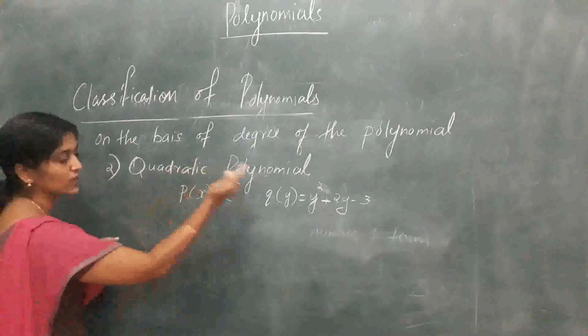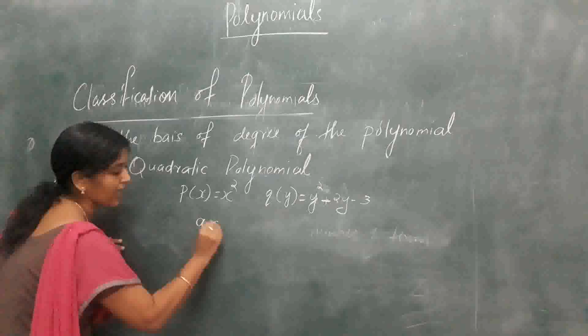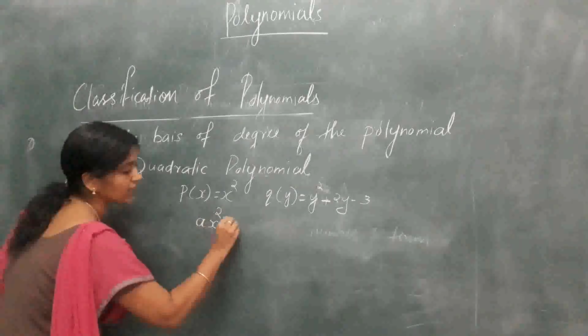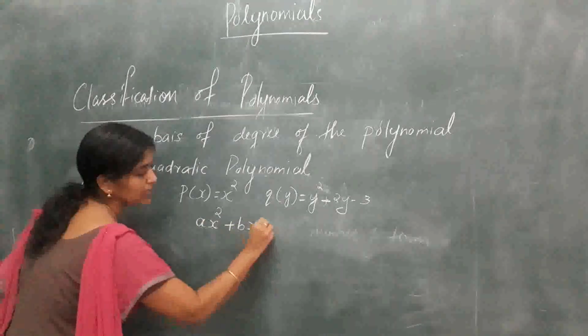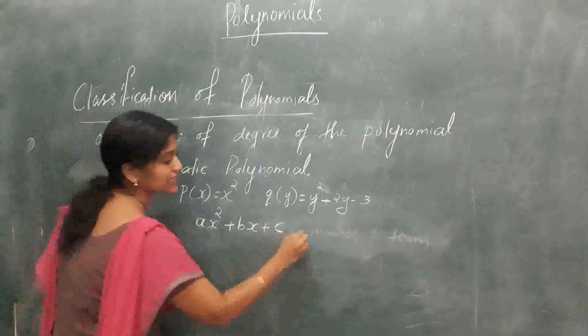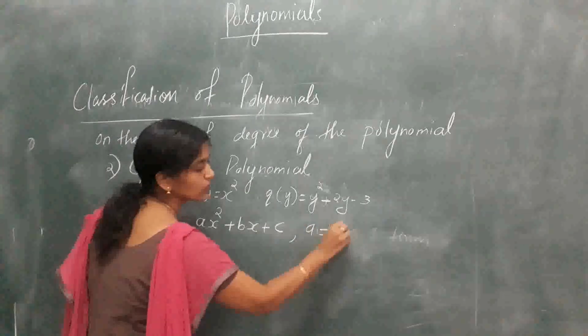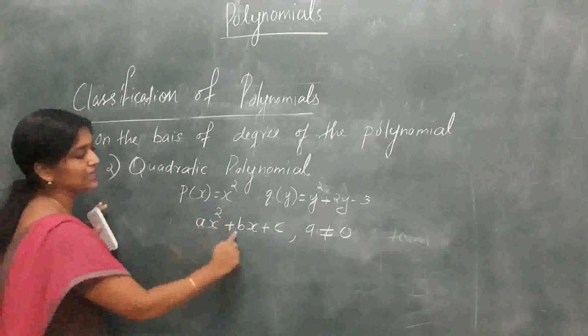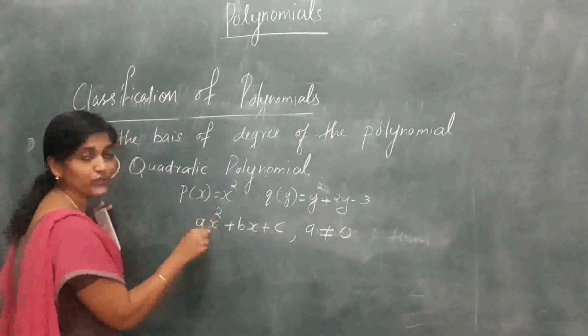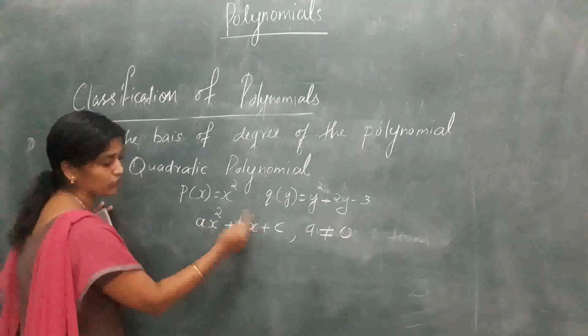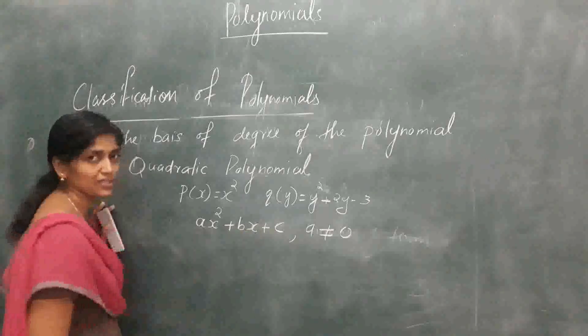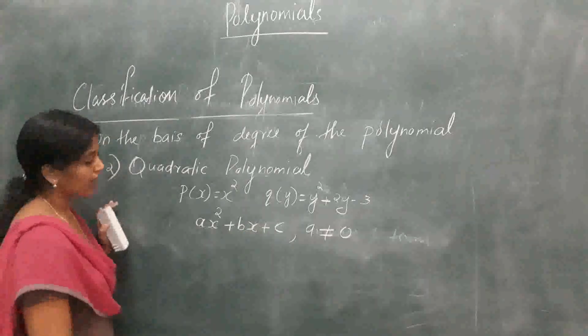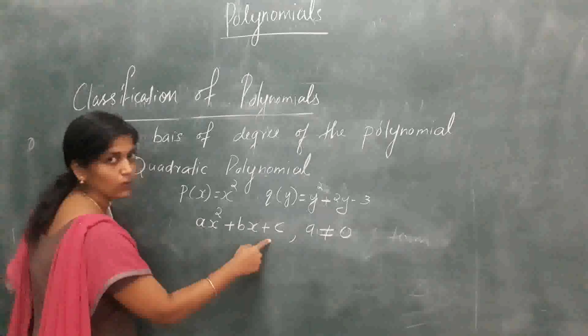Generally we represent a quadratic polynomial as ax square plus bx plus c, and also we will say a not equal to 0. We know a, b, c. A is the coefficient of x square, b is the coefficient of x, and c is the constant term. And its degree is equal to 2.